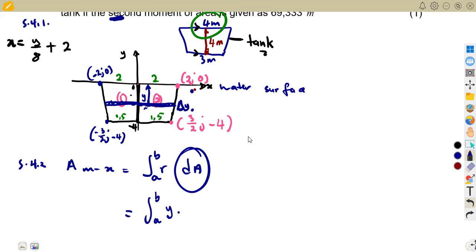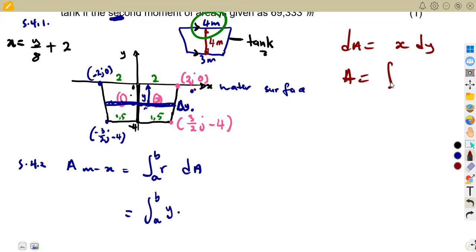This is where most confusion comes because for our dA, we are used to that area concept. dA is equal to x dy. So therefore, our area is equal to the integral of x dy with the limits a and b. But you'll be surprised now to say our dA is 2x dy because there are two areas, like I was mentioning. This area and this area are the same.